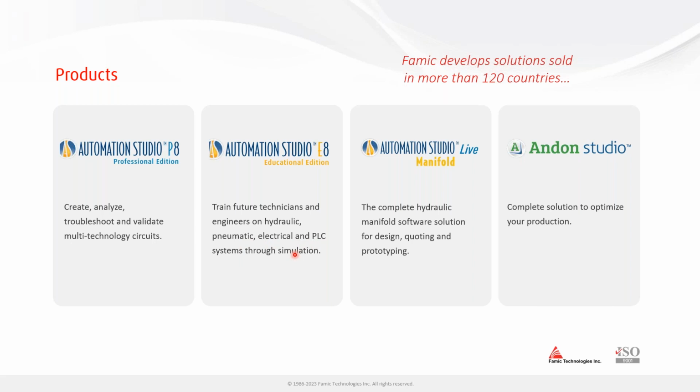This edition is used by technical institutes like engineering colleges, polytechnic colleges, and ITI diploma training centers. Then we have Automation Studio Live Manifold, a complete hydraulic manifold software solution for design, coding, and prototyping. And then we have Andon Studio, a complete solution to optimize your production.